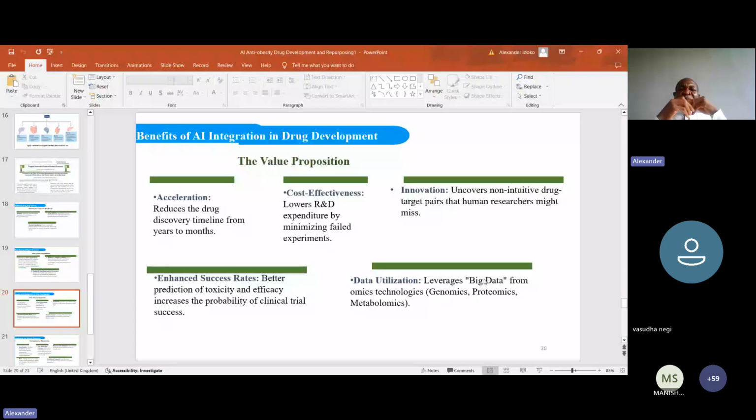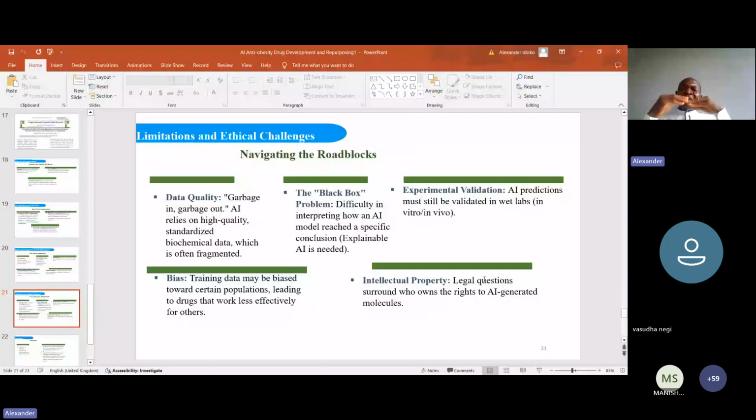Now, what are the ethical concerns and limitations of the use of AI? The first that comes to mind is this problem of garbage in, garbage out, because AI relies on high quality standard biochemical data, which are often fragmented. So it may not get everything and then put everything together. So that is a problem.